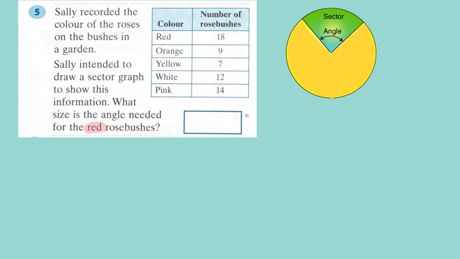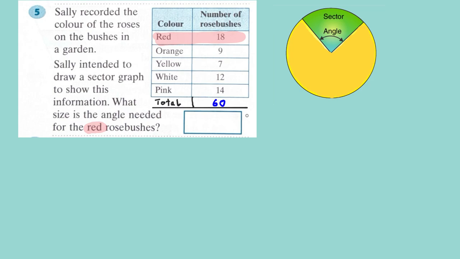To find the proportion of red rose bushes, we need to find out what is the total number of bushes. The total amount of rose bushes is found by adding each of these numbers, 18 plus 9 plus 7 plus 12 plus 14. And this ends up 60 rose bushes altogether.